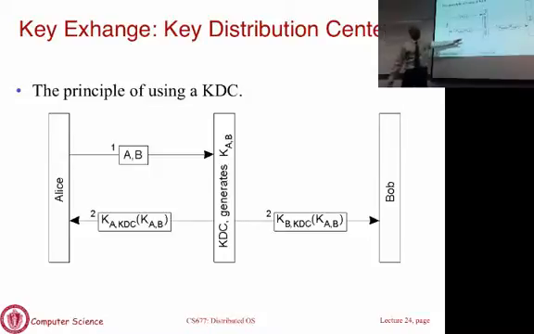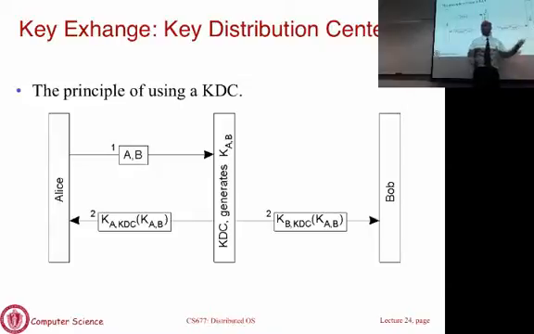Okay. So the KDC is going to generate a session key, which is called K, the key for A and B, Alice and Bob, to talk to one another. That key itself is encrypted with a key that only Alice and the KDC know. That's the pre-configured key. So only Alice can decrypt this message and get the session key out. Okay. The same key is also sent to Bob, but encrypted using the key that only Bob and the KDC know.